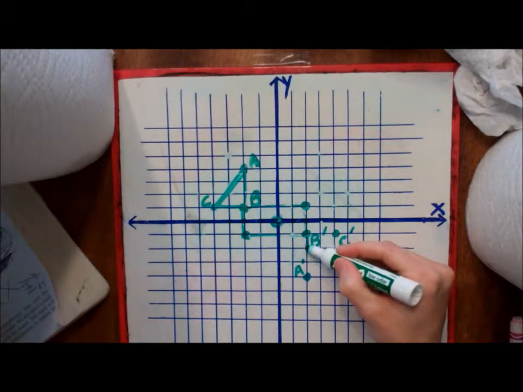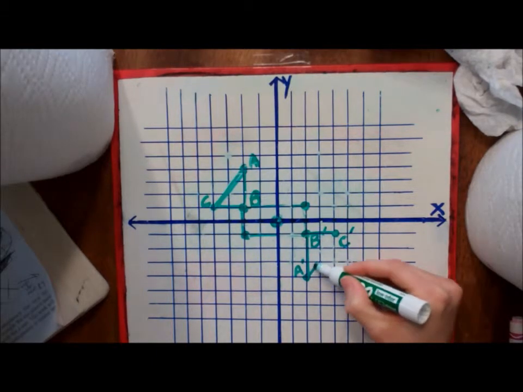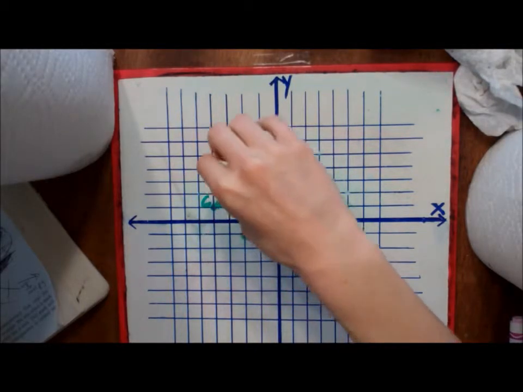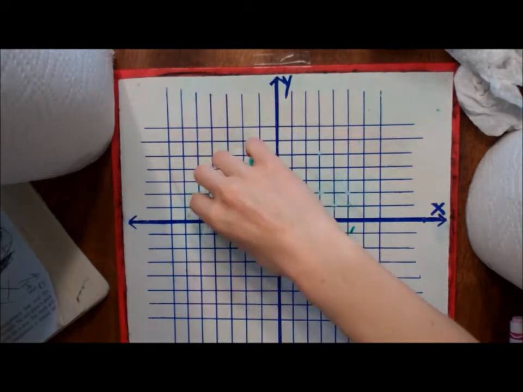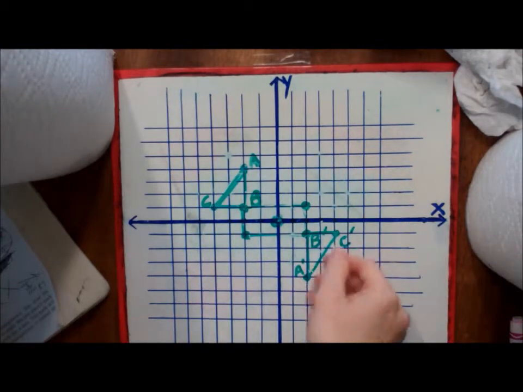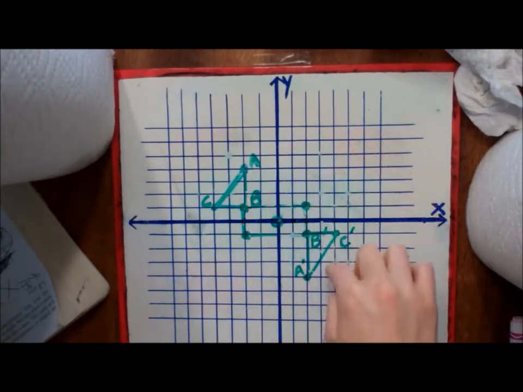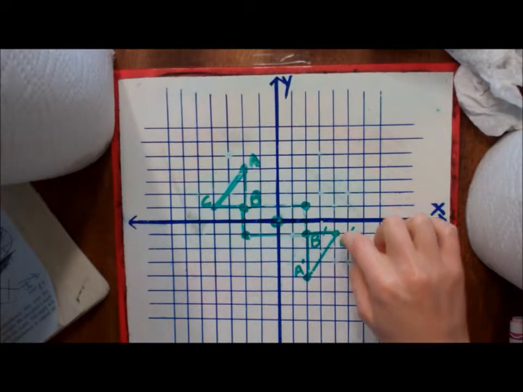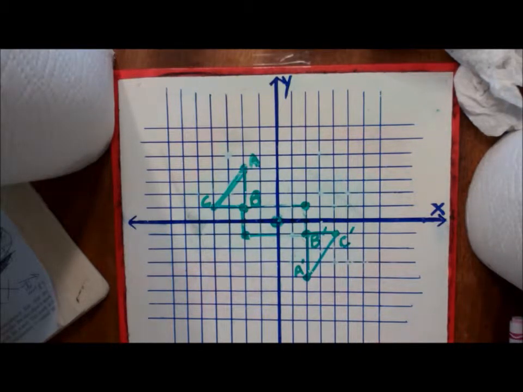Then I'll just attach all of my letters, and this triangle is rotated not 90 degrees but 180 degrees, and it goes in a different quadrant every single time. So this would be A prime, B prime, C prime, and this is our triangle.